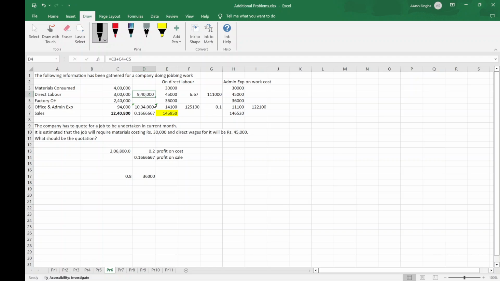So here ma'am used the total works cost, so it's basically 94,000 by 0.1.